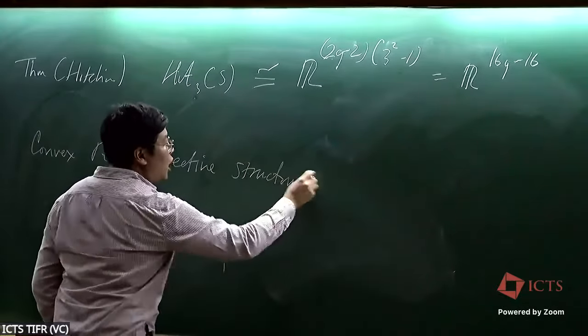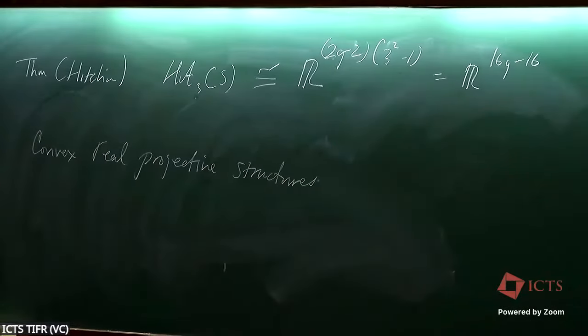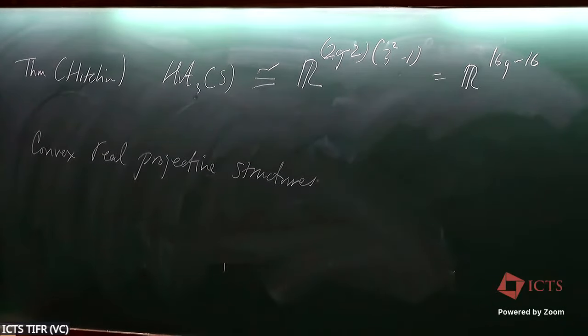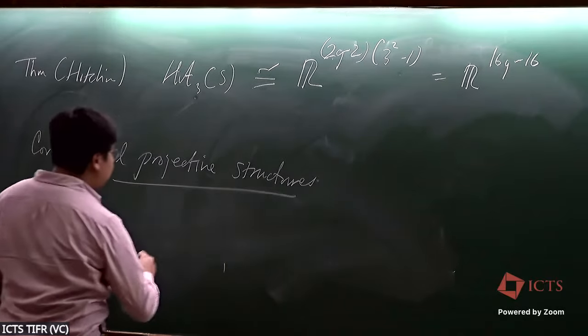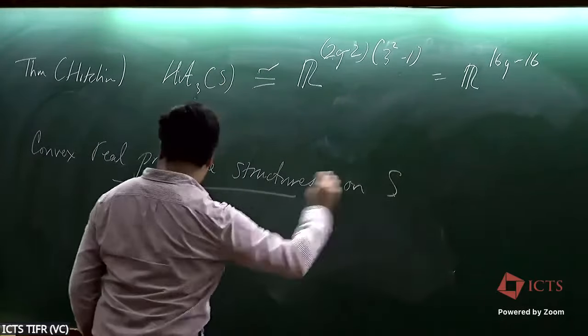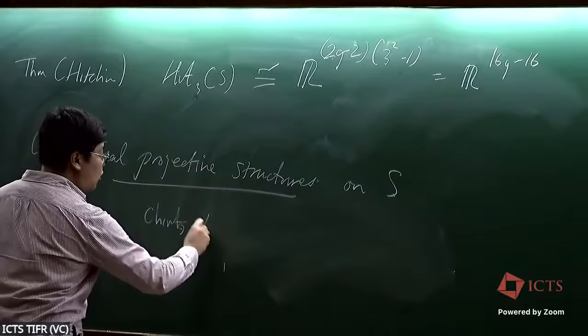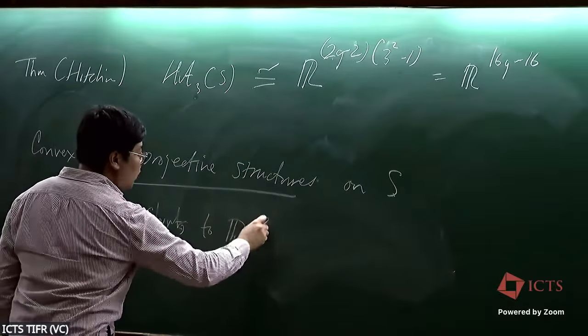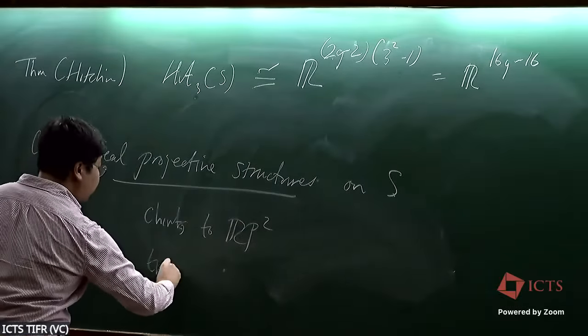Which I just very quickly remind you, well, much in the same way that we saw Riemann surfaces, you have charts to the complex plane and transition maps are biholomorphisms, for real projective structures you have charts, so this is on a surface, okay? You have charts to RP2, and then the transition maps are Möbius transformations.